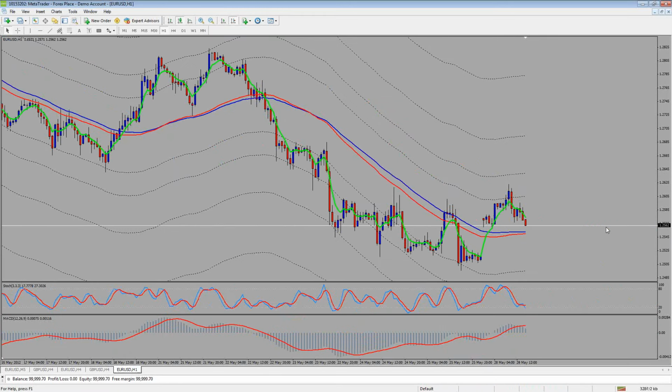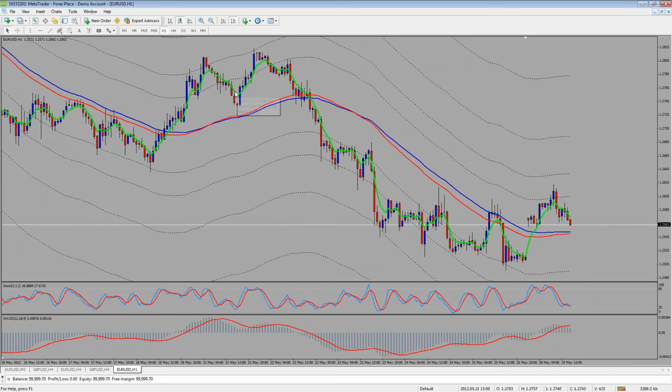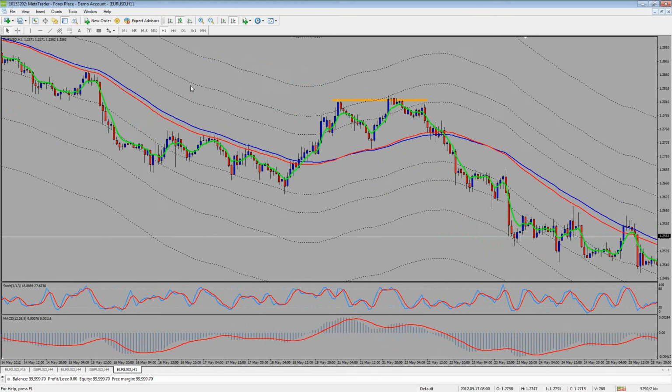Let's look at the euro dollar, for example, and see if we could use some of these lines again for support or resistance. So here's a good example of an area where we have a resistance area. It was a support area.